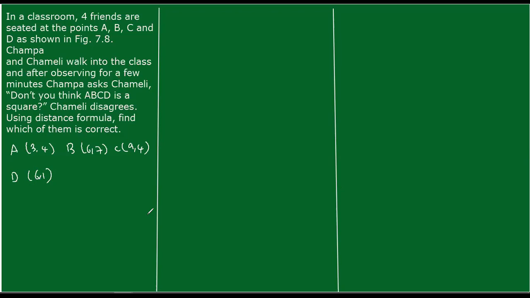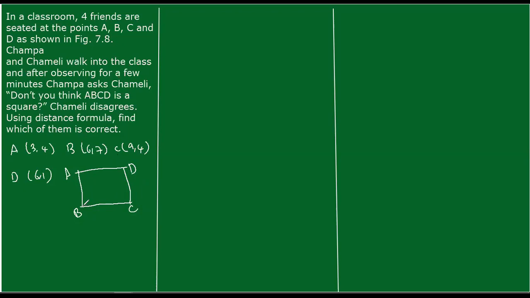Let me draw a rough diagram. Yeah, here I am drawing, just roughly. This is letter A, B, C, D. All sides AB, BC, CD, AD, all four sides must be equal.